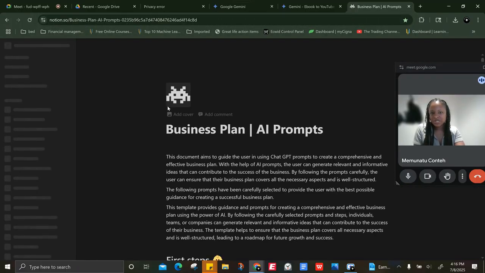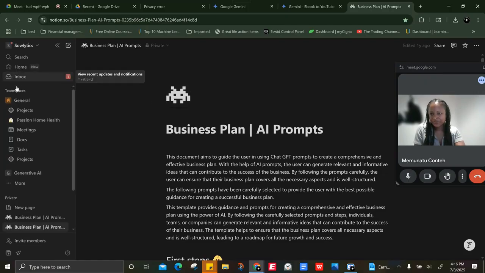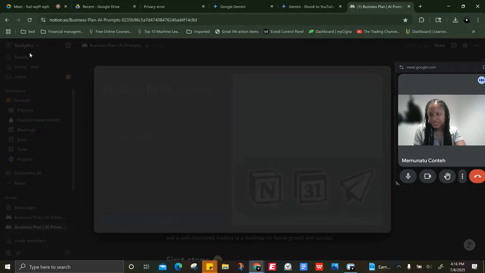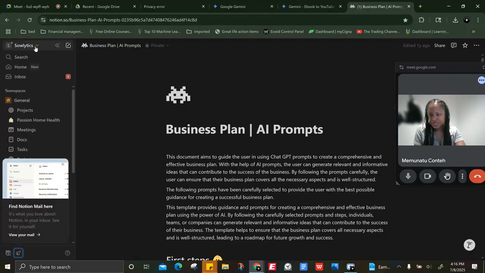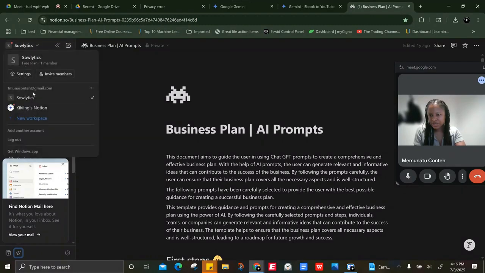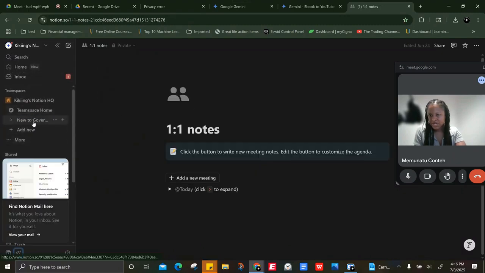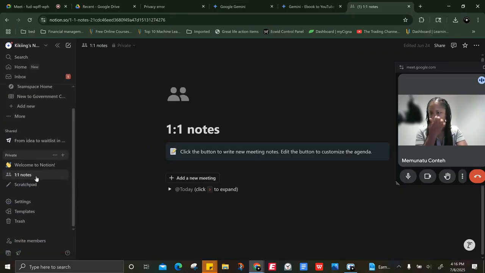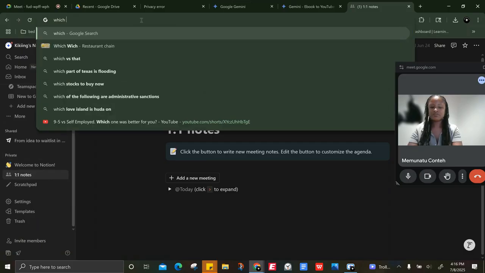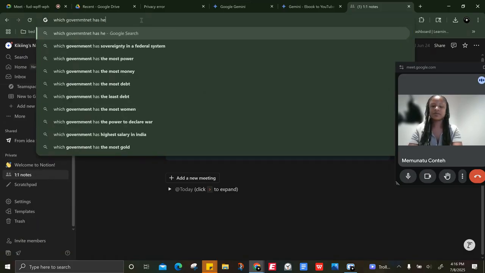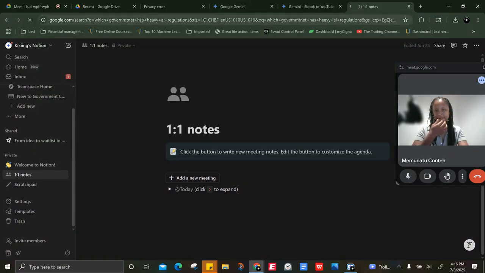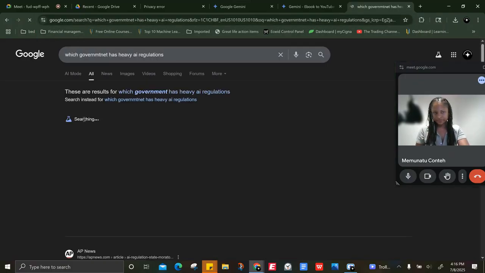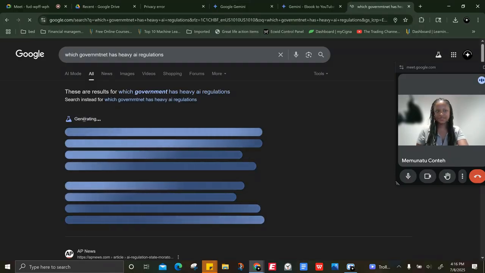I'm just checking real quick to see which government has really heavy AI regulations. Oh, it's not here. I have the notes, but I can't find it.